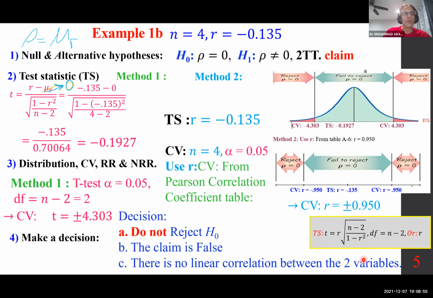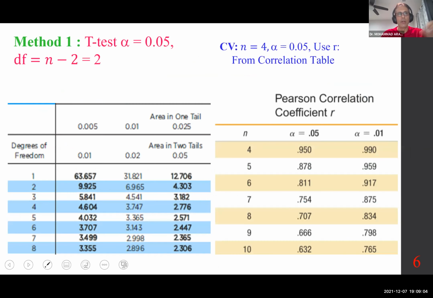What I'd like to show you again, just to remind you about the table, both tables, how they work. If you're looking at the t-test, alpha is 0.05, degrees of freedom of n minus 2, 4 minus 2 is equal to 2. So you look for the left column of 2, top area in 2 tails of 0.05.